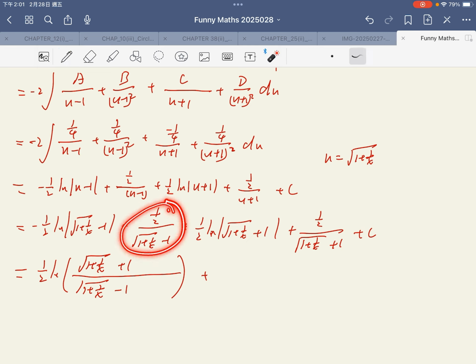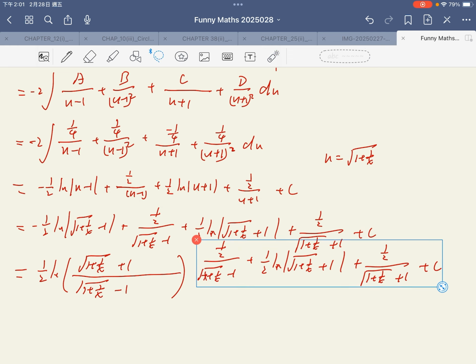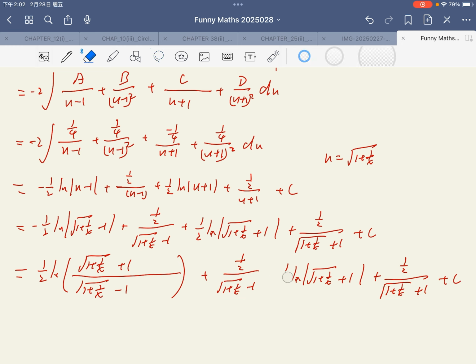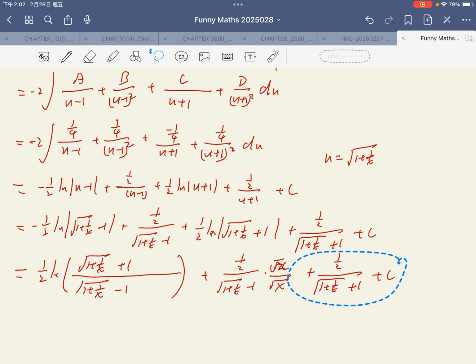For this one, I multiply both denominator and numerator by the square root of x, and do the same process in the last term.